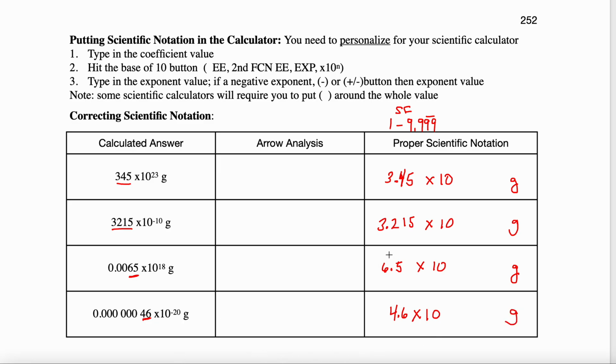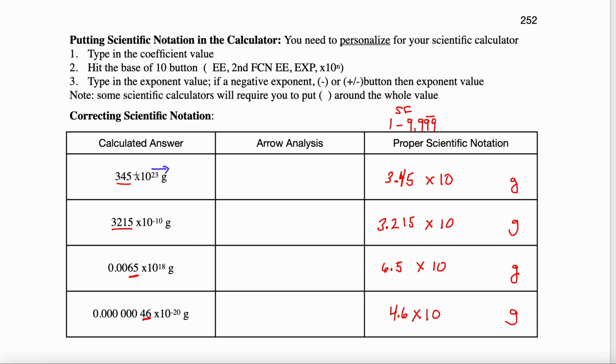Okay, so now if we move the decimal point, then we have to adjust the exponent value. Here's a little technique that I use. I first take a look at the exponent, and this exponent is a value of 23, and it's positive. If I was to take this out of scientific notation, this exponent would tell me to move that decimal 23 places to the right.